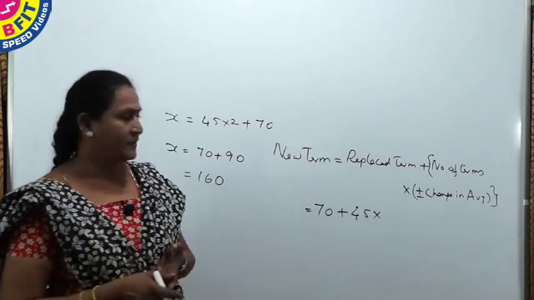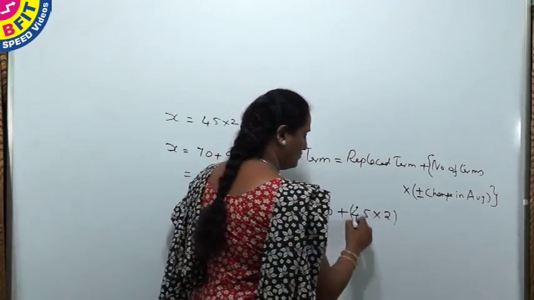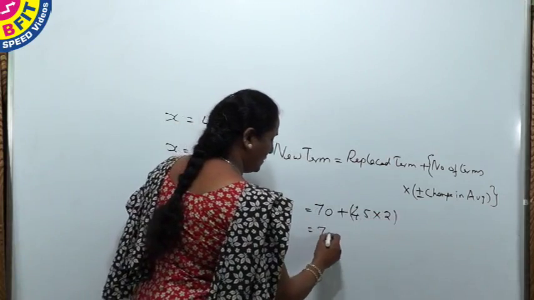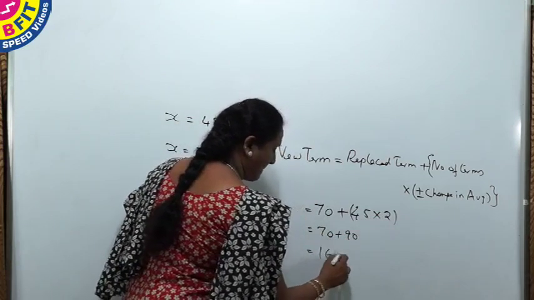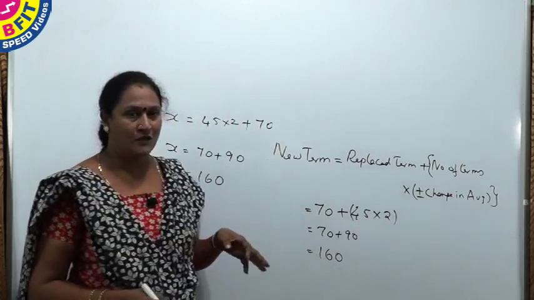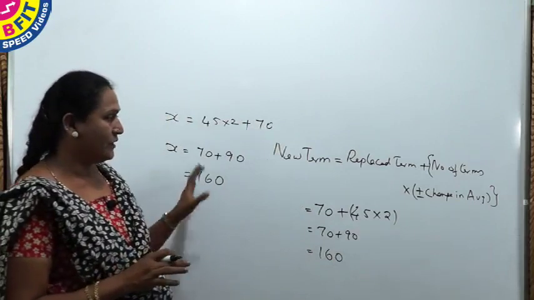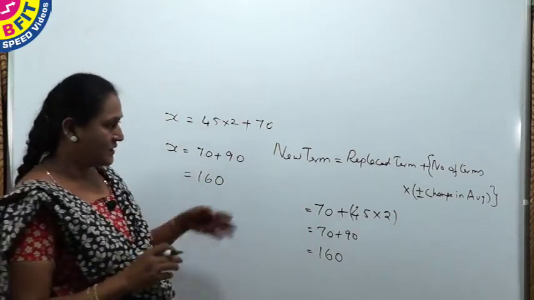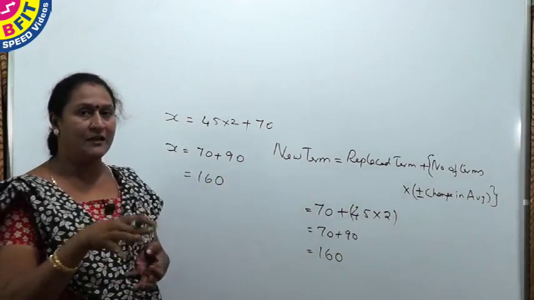As it is increased, it is plus 2 again, which equals 70 plus 90, and the weight of the new box added is 160 kg. So just by applying this shortcut, you can find the new term whenever a term is replaced.